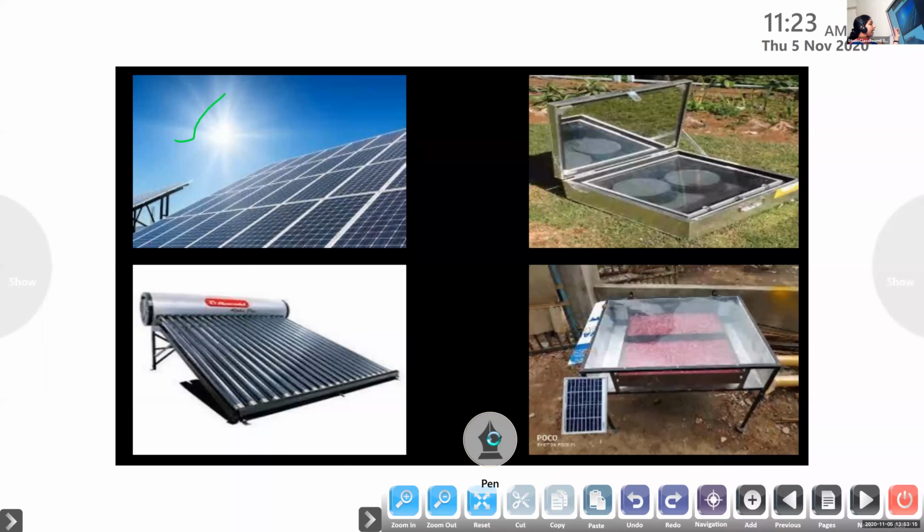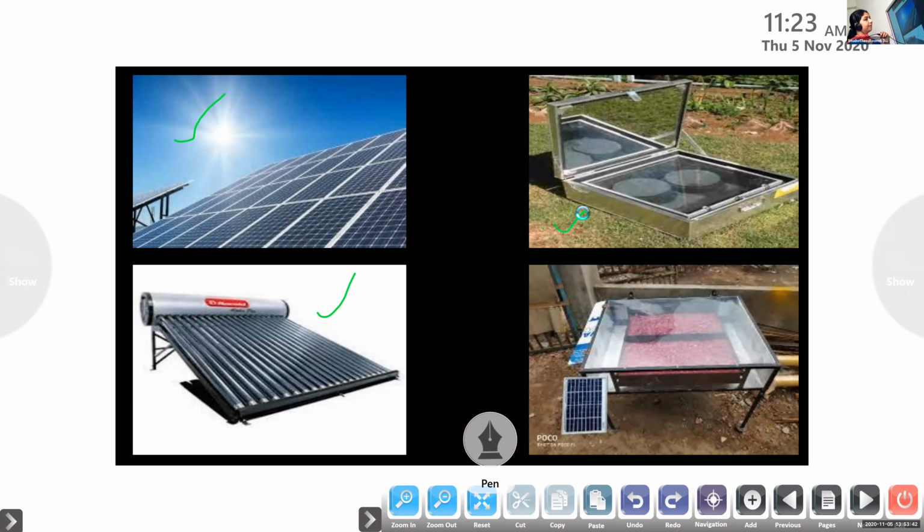Have you seen any one of those? This one you have seen, right? Solar panel. Solar heater. I think some of you are using a solar heater in your house to get hot water. Then the solar cooker: there is no need of a gas stove to cook food.